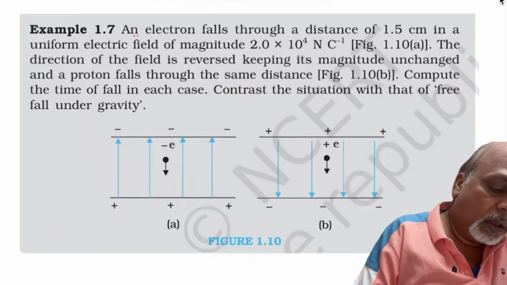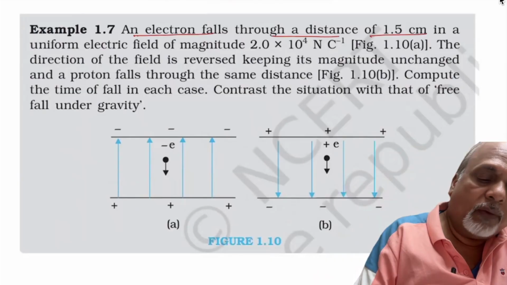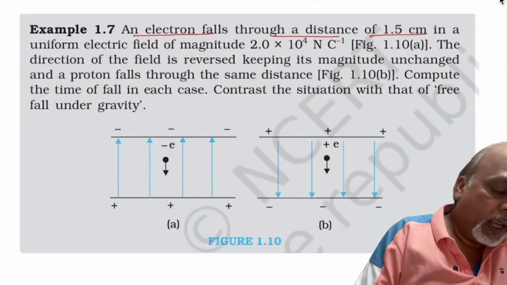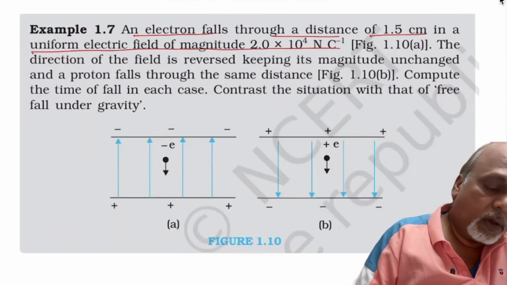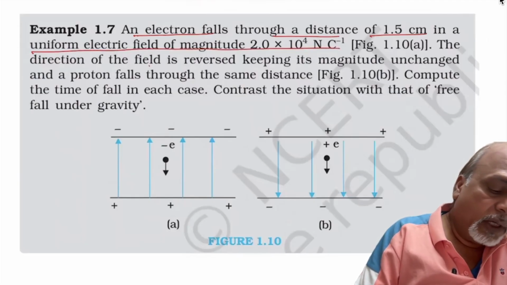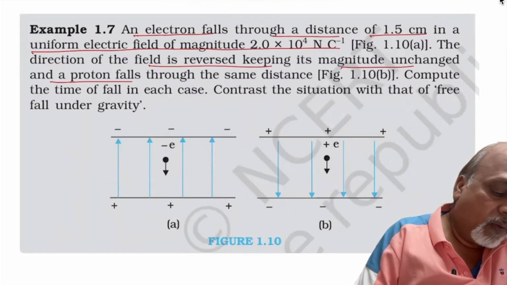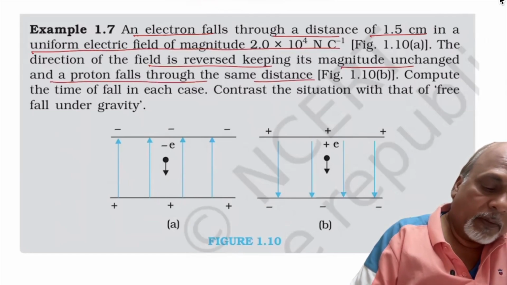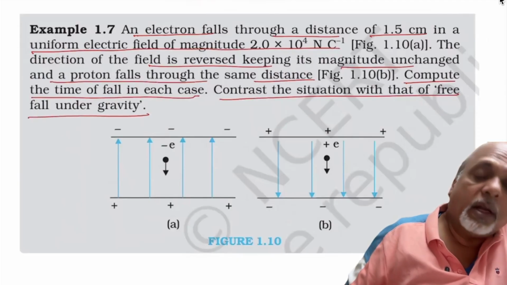An electron falls through a distance of 1.5 centimeter in a uniform electric field of magnitude E. The direction of field is reversed, keeping its magnitude unchanged, and a proton falls through the same distance. Compute the time of fall in each case. Contrast the situation with that of free fall under gravity.